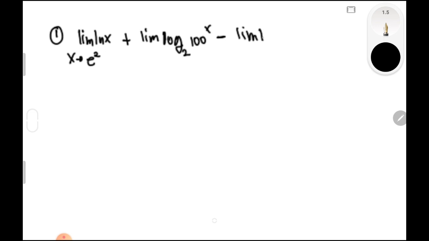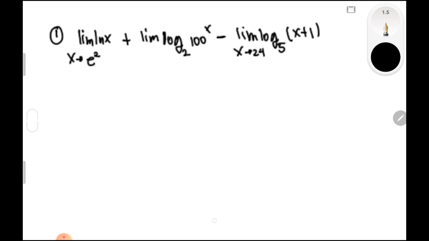Yung first example natin is the limit of ln of x as x approaches e squared, plus the limit of log of 100 raised to x to the base 2, minus the limit of log of x plus 1 to the base 5 as x approaches 24.